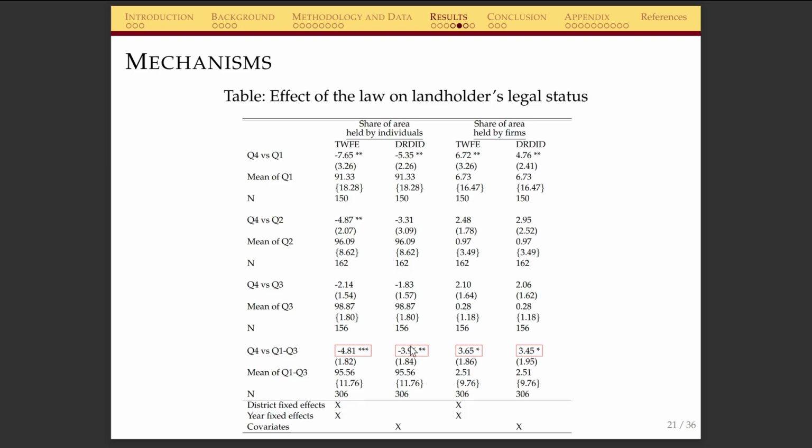When I look at the share held by individuals versus the share held by firms, I find there is a significant decrease in the share held by individuals and a significant increase in the share held by firms. Thinking about these two results together, some consolidation of plots from very small to small plots, in addition to the share of area held by firms, is suggestive of commercialization among small landholders.